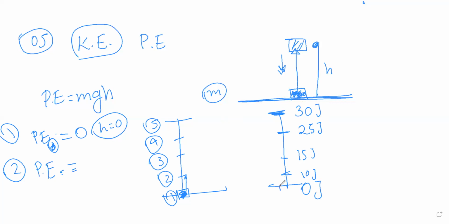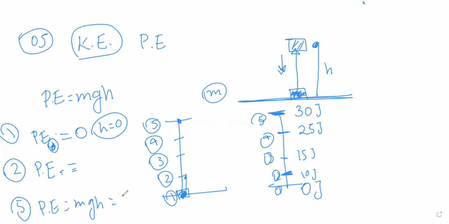So this is 1, 2, 3, 4, 5, five positions. When we are going up, our potential energy is increasing. So when we go to the top, what is our potential energy?